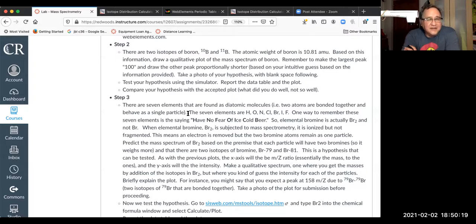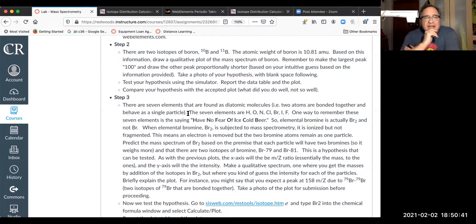Boron 11 has 11 nucleons, each weighing 1.00, so boron 11 weighs 11.0 atomic mass units. Any questions about that? Okay, so one of them weighs 10, the other weighs 11.